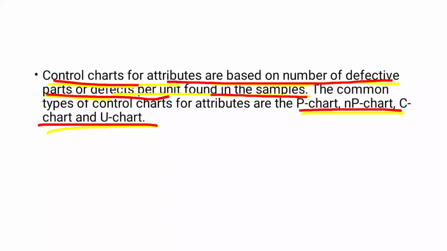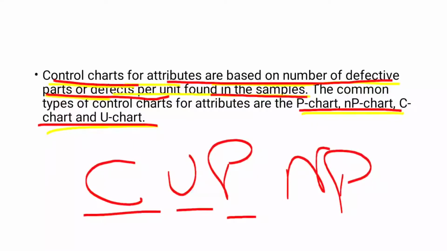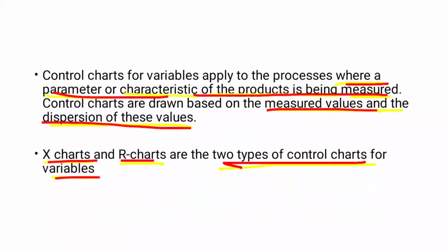Now see how to remember it. Control charts for attributes is CUP NP. So what is it? C chart, U chart, P chart and NP chart. CUP NP is for attributes, whereas here X and R is used.